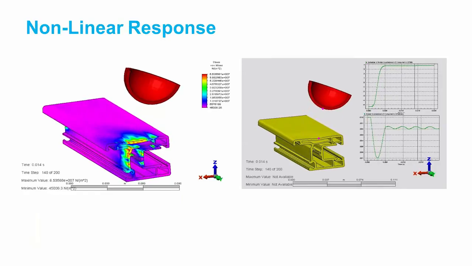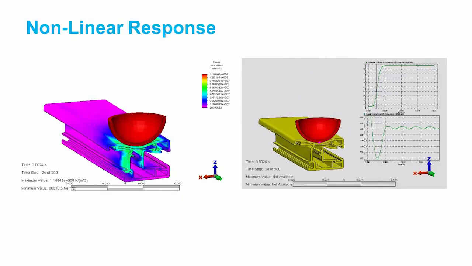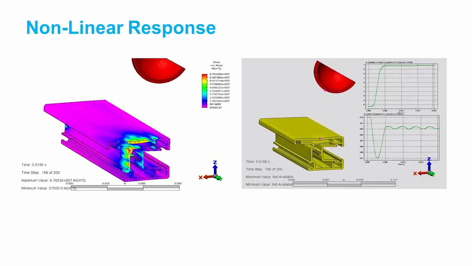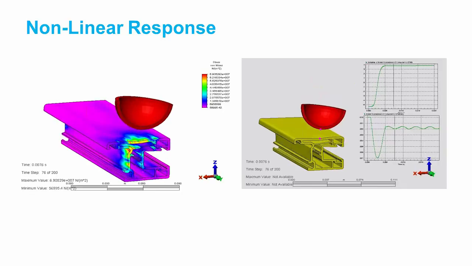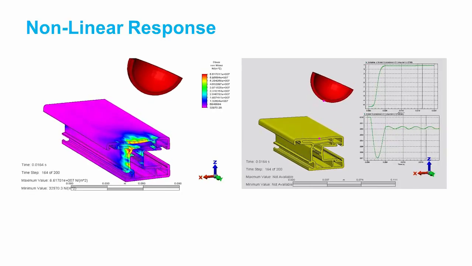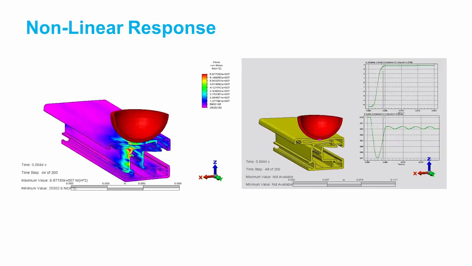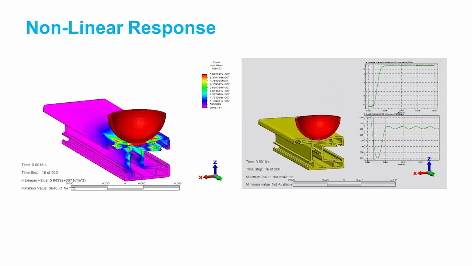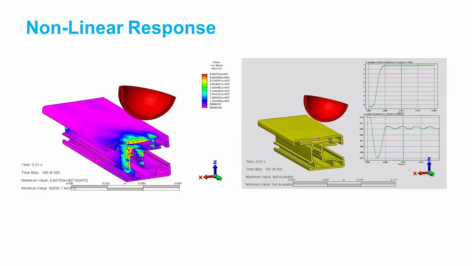You can do non-linear as well, so like Nastran In-CAD, you can look at permanent deformation. So this is a slice of a steel ball hitting this girder. The bottom graph on the right is showing the position of a point on top of the girder. It deflects downwards but never recovers back to its original position.